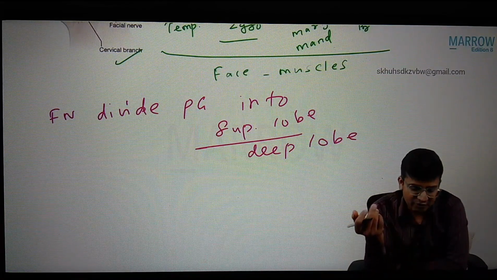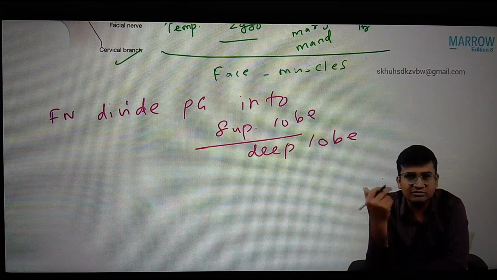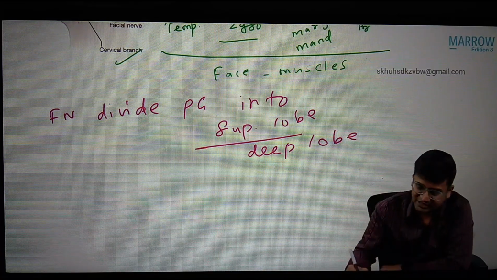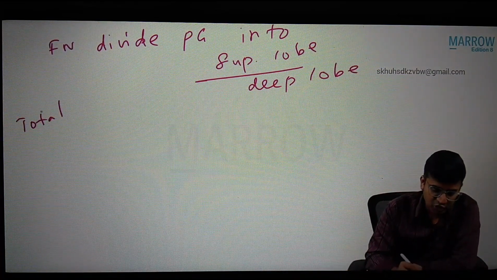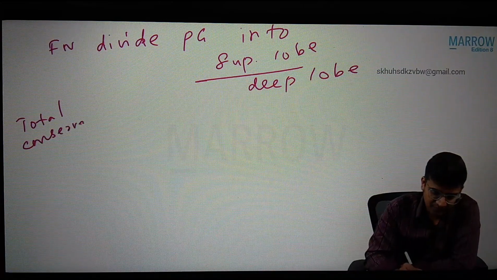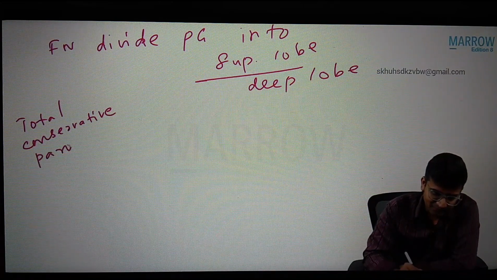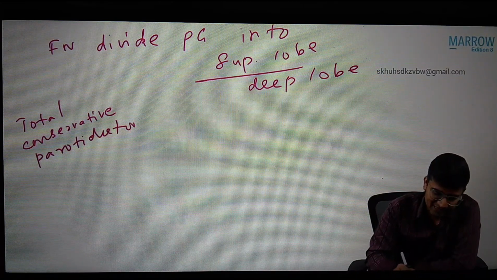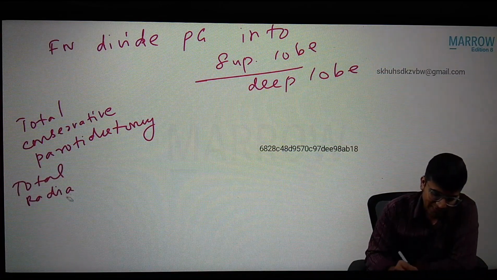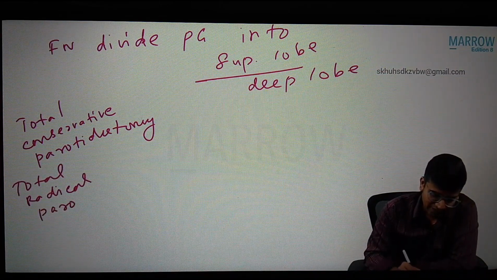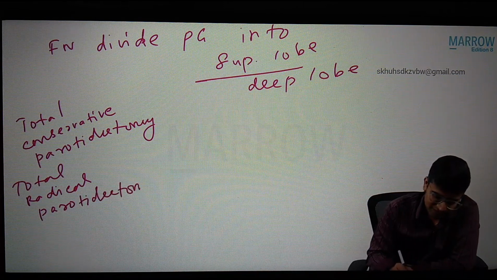Now, depending upon the cancer involvement, you may preserve the facial nerve or you may sacrifice the facial nerve. So now we have two procedures: total conservative parotidectomy and total radical parotidectomy.